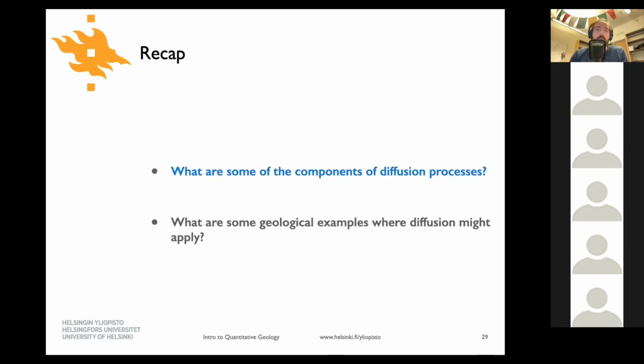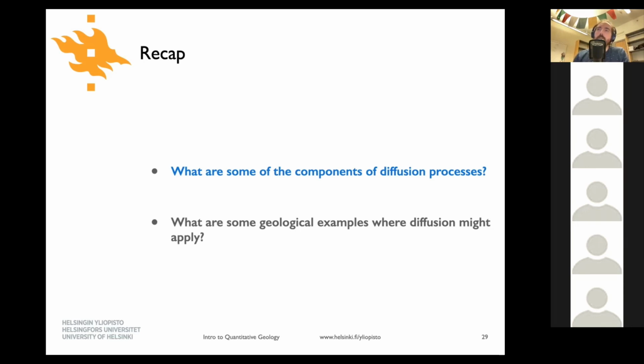But at this point, I haven't really seen any signs of life in chat. So I'm going to ask you to give me some ideas here of what some of the components of diffusion processes are. This can be just what kind of terms or what kind of things come to mind now that we've heard a little bit about diffusion.